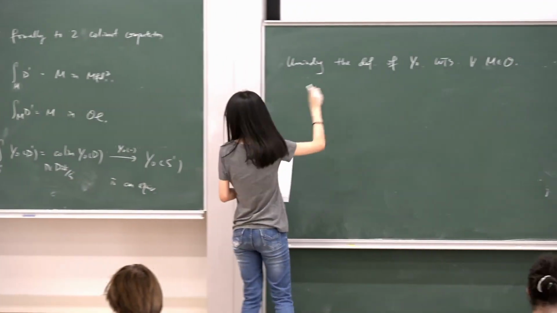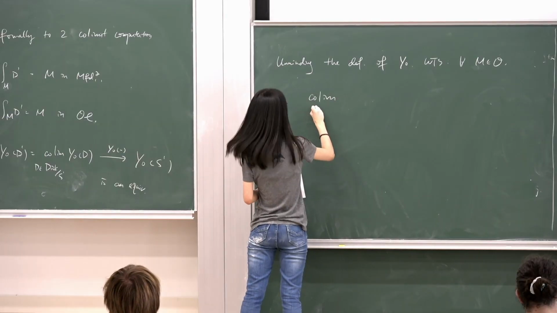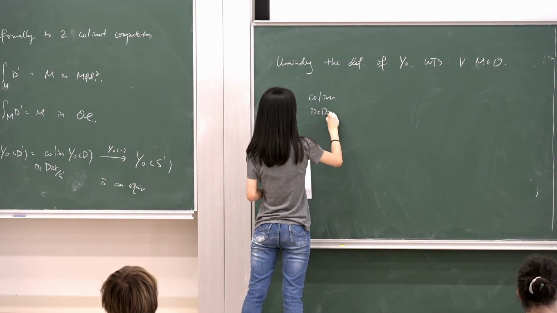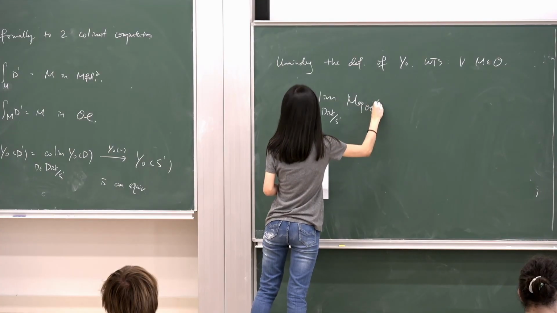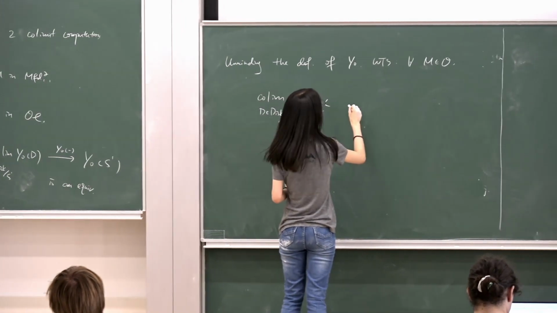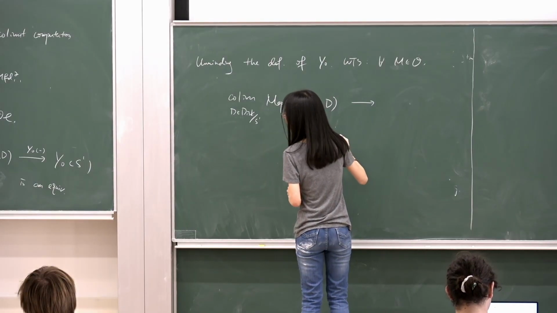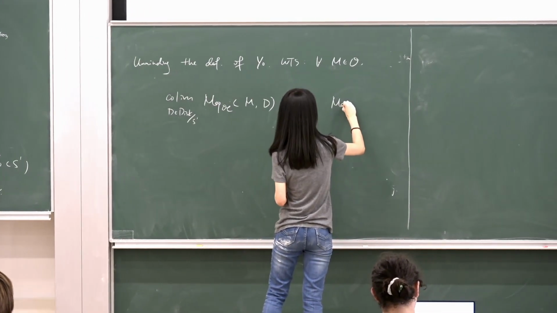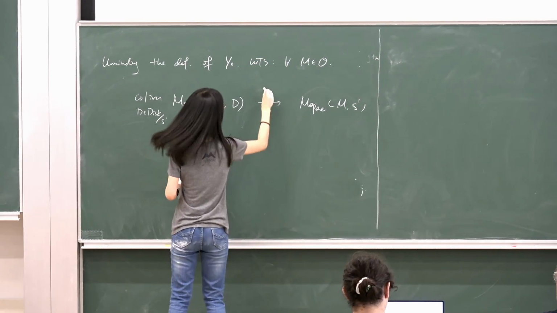We want to show that for each M in O, the colimit over disks over S1 of the mapping space in OC from M to D maps to the mapping space in OC from M to S1, and I want to show that this is an equivalence.